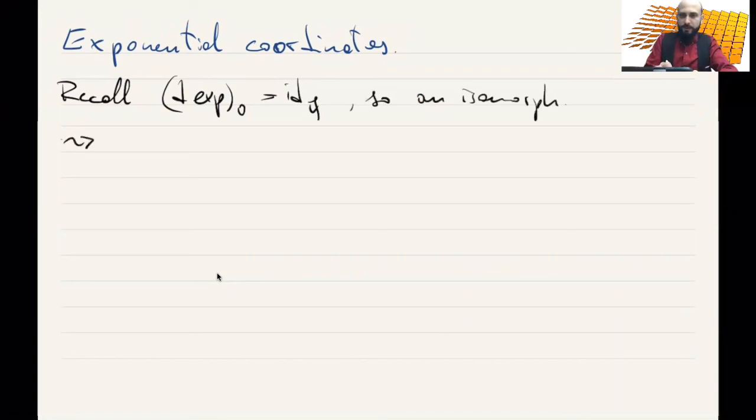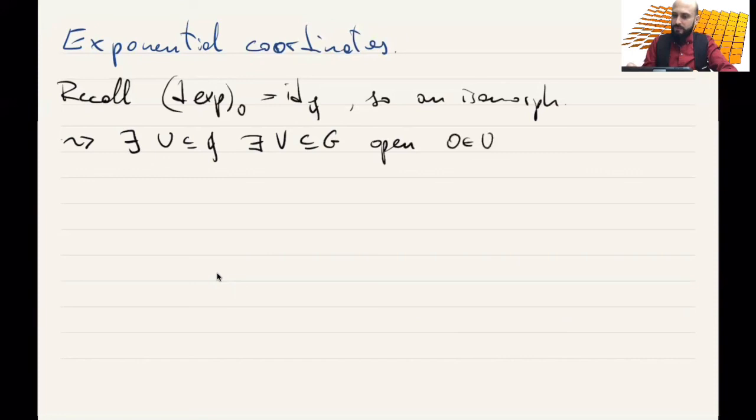And therefore, there exists some open set U on the Lie algebra and an open set V on G, and the first open set contains 0 and the second contains the identity, such that the exponential map from U to V is a diffeomorphism.